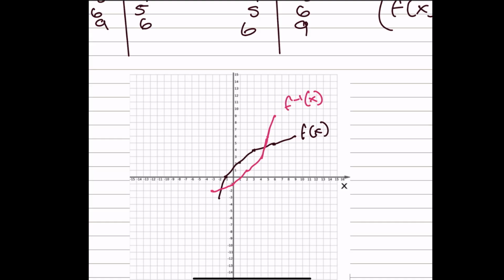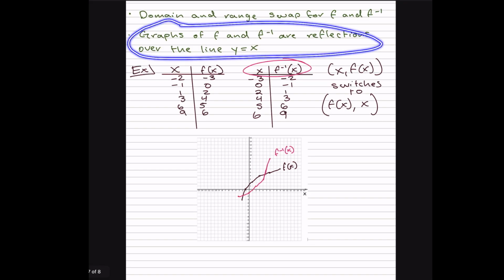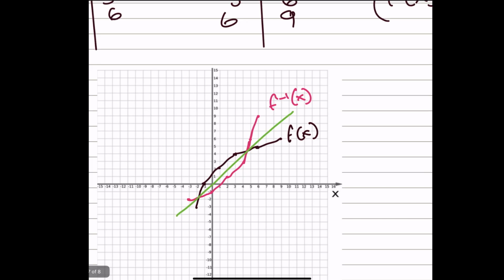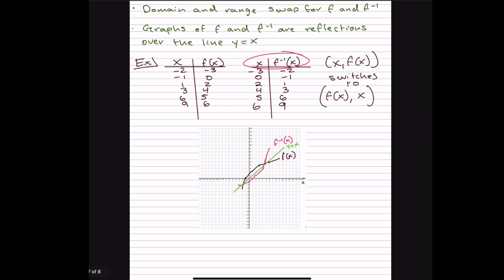And what you notice is that if we included our line y equals x, it's very obvious that the points of f of x are reflections over that line. So take a look at how the points mirror each other, right? When they mirror each other like that, they're essentially reflections.